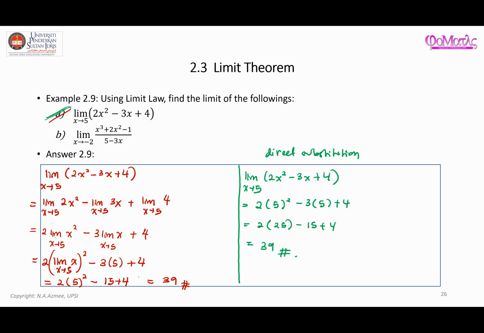Right, now let's look at question B, where I'm just going to skip some of the steps which are shown in detail here. Okay, I'm just going to consider only important steps. Alright, so let's do question B.